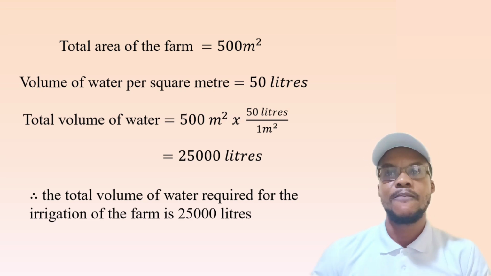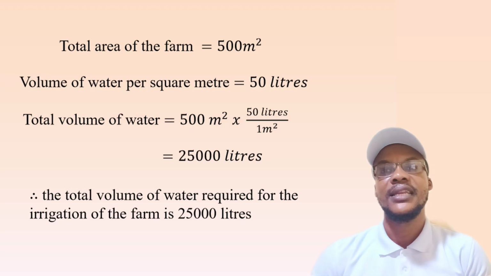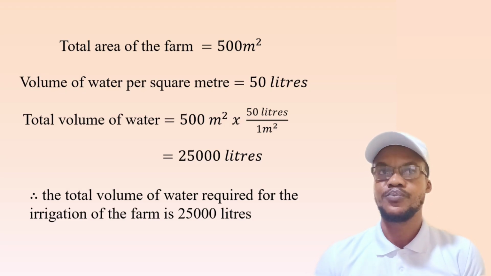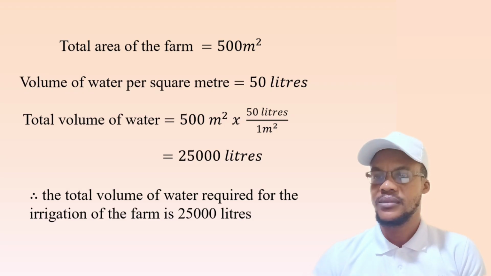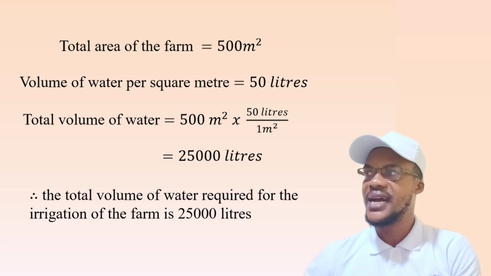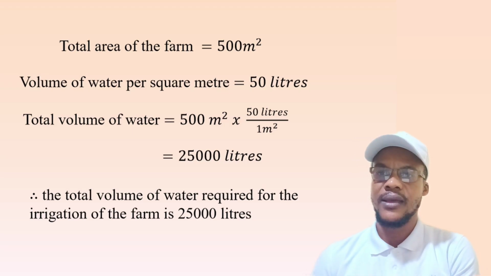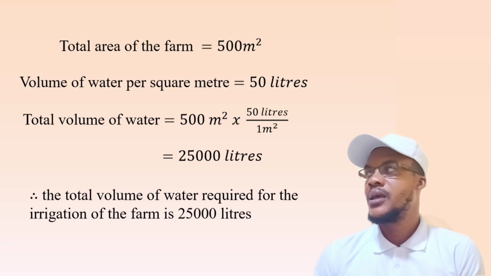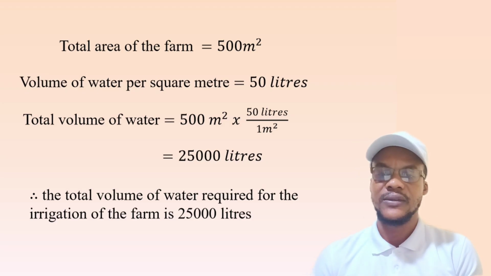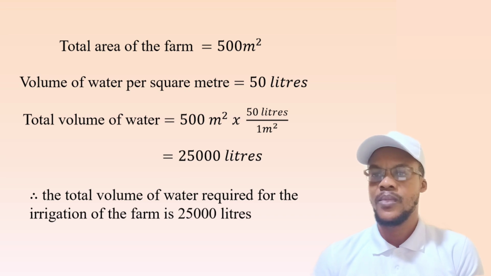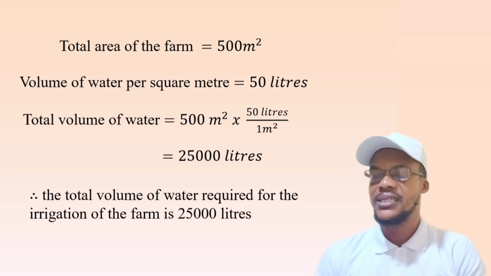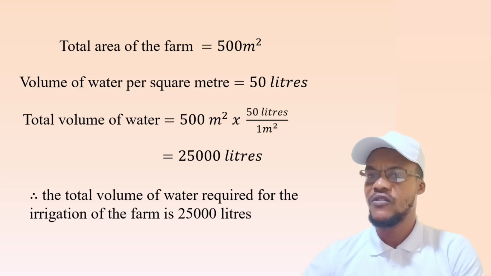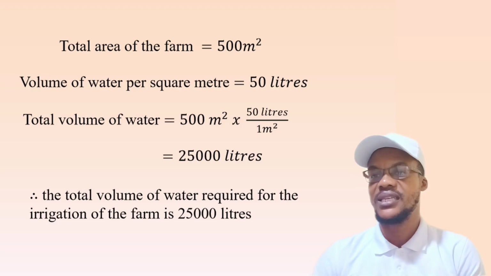Okay, good. But previously we said that the contractor built a hemispherical tank, and we have already calculated the volume of water in that tank. So you ask yourself, if you have a whole land of 500 meters square, and you also build a hemispherical tank, will the volume of water in the tank be able to sustain that 500 meter square land?